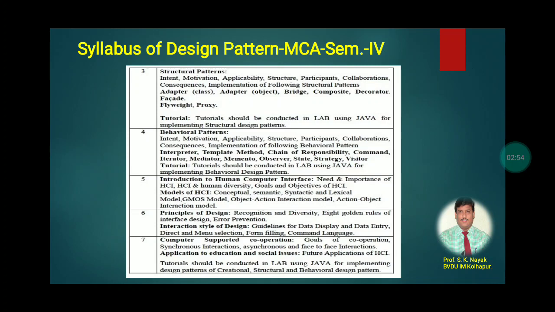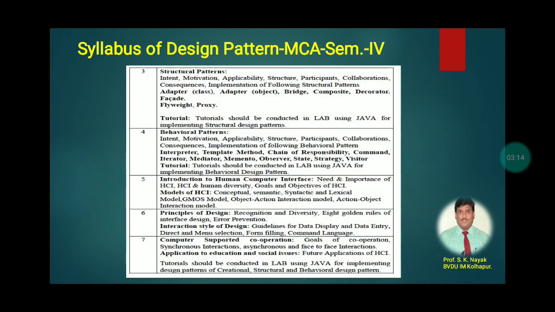Now the fifth unit will have the introduction of human computer interface, we call it HCI. The goal of HCI, objective of HCI, and models of HCI are comprised in unit 5.